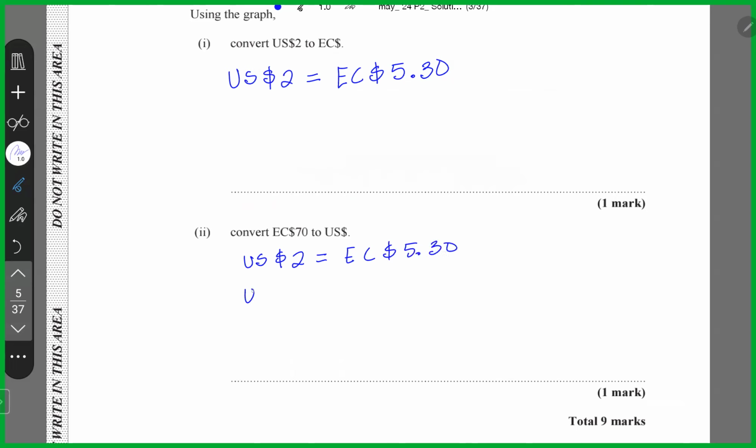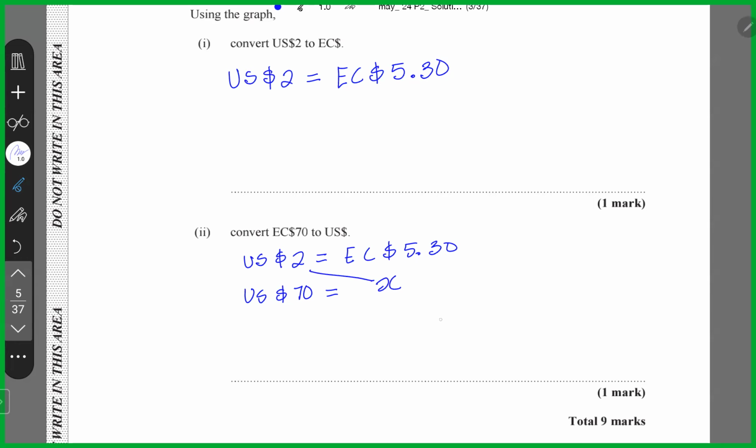And now US $70 is equal to EC, I don't know, so I simply call it X. And what I'm going to do next is cross multiply. So 2 times X, remember X is the EC equivalent.